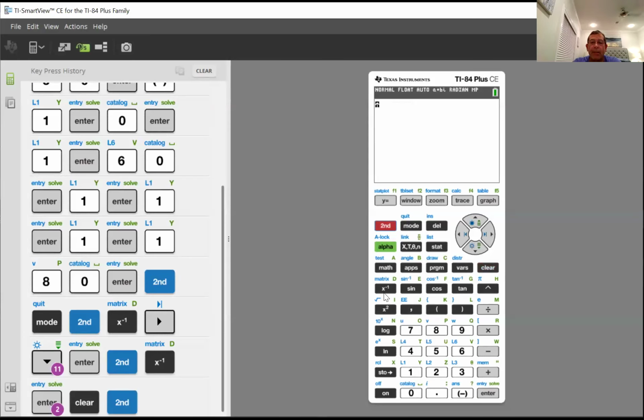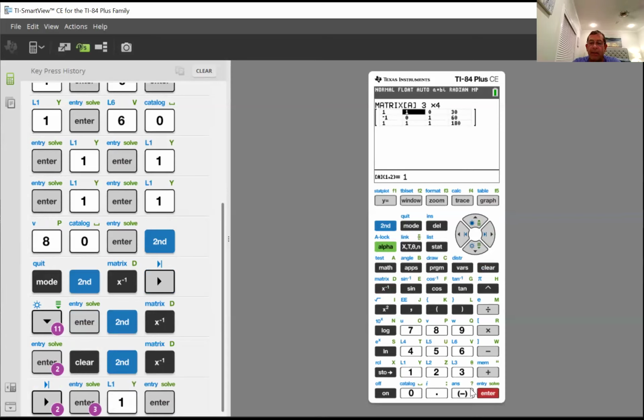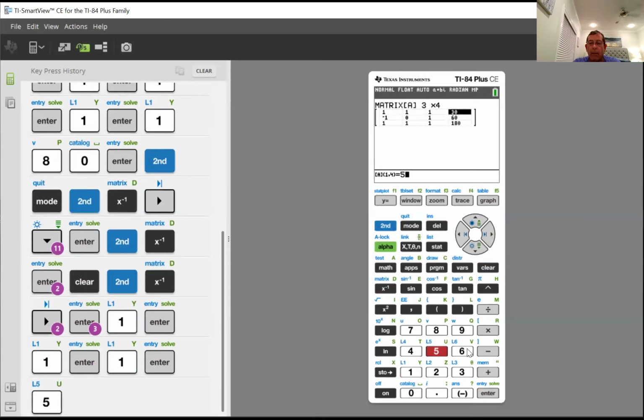So second, X -1, for matrix. I'm going to go edit to put this matrix in. It's already a 3 by 4. So I had 1, 1, 1, 56. All right, second row, I had 1, 0, -1.